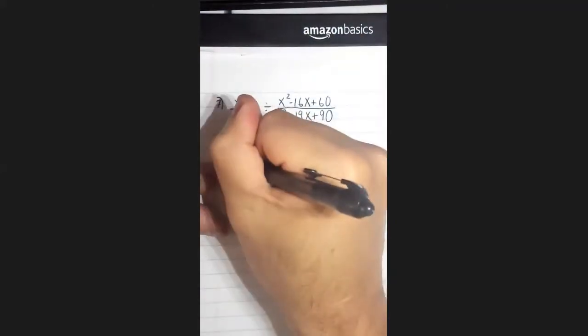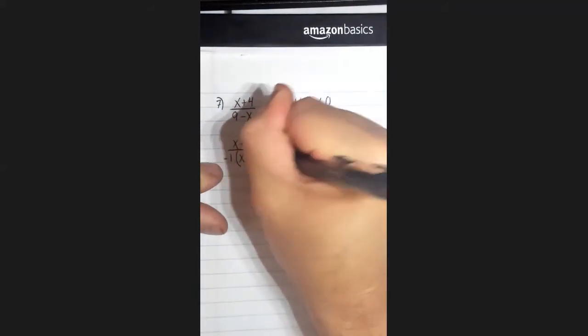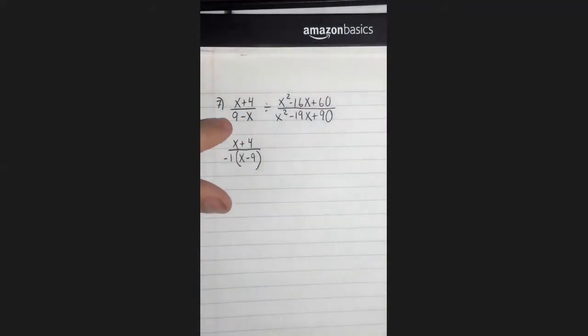So I would factor out that negative 1 and make it x minus 9. Remember, when you factor out a negative, it switches all the signs. So the negative x becomes positive, positive 9 becomes negative 9. It's a hint that you're going to have to do something with that. And I almost can guarantee that x minus 9 is going to factor out.